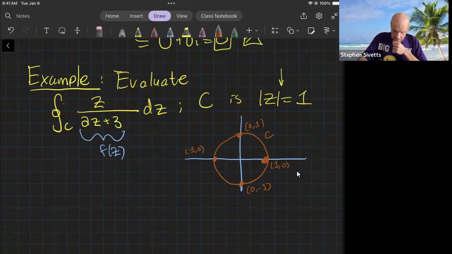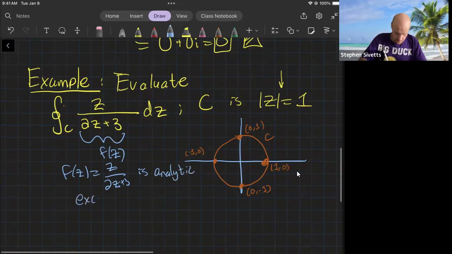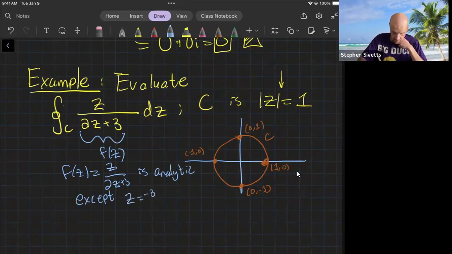And f of z, the function in this line integral, z over 2z plus 3, is analytic except where the denominator is 0. In this case, it's minus 3 halves.